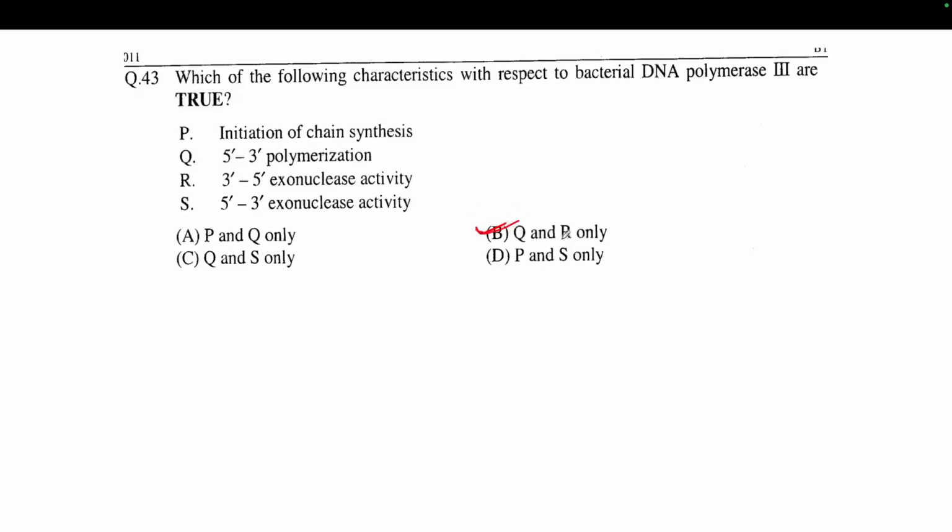That's why option B is the correct answer, not S, because 5' to 3' exonuclease activity is for a different purpose. It is not for proofreading and all those things. It is for primer removal, so that's why it happens by DNA polymerase 1 only. It is not present in DNA polymerase III.